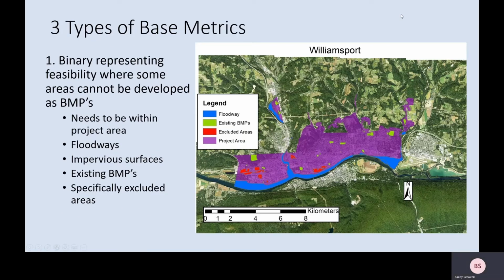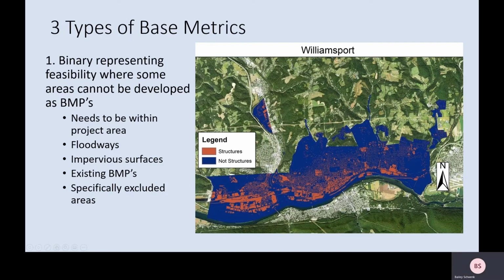There were 3 types of base metrics that were used. One were the binary metrics representing feasibility, where some areas cannot be developed into BMPs. These were all of the areas that would be cut out and would be a 0 on the final prioritization score. This included floodways, existing BMPs, other excluded areas, and all of this had to be within the selected project area by the municipality.